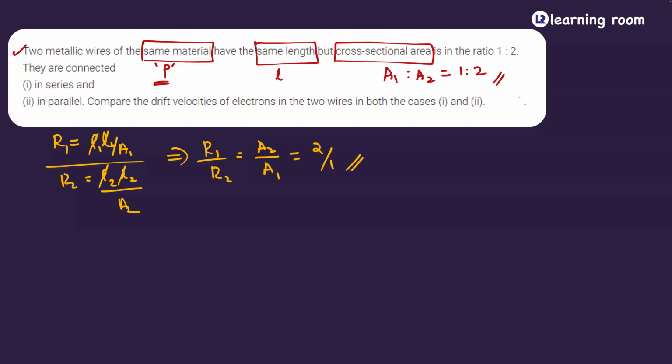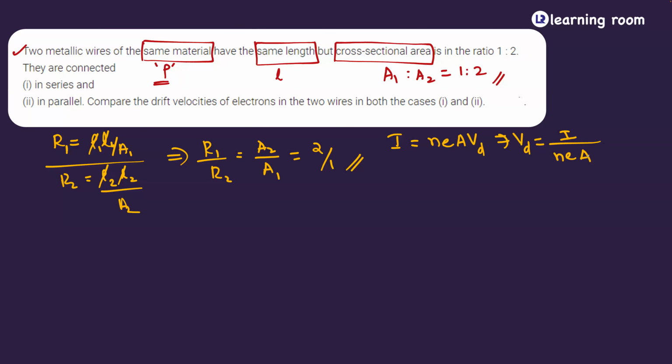Am I right? Listen. Now, we have the relation as I is equal to N E A VD, which tells you the relation between drift velocity and current. So from this, can I say VD is equal to I divided by N E into A?